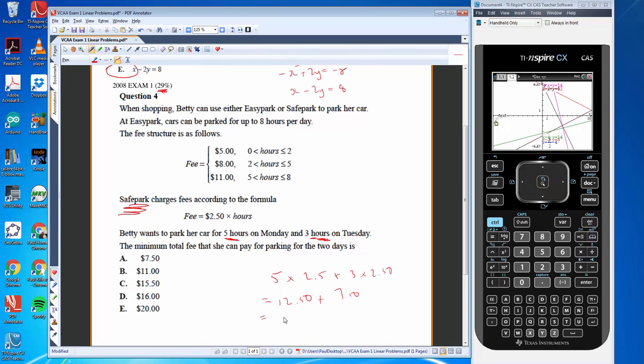And that is in total 20 bucks. So that's an answer there, but don't jump the gun. Let's check out what happens at Easy Park.